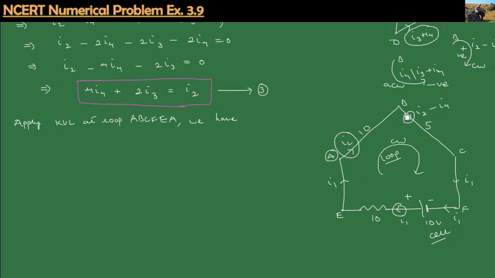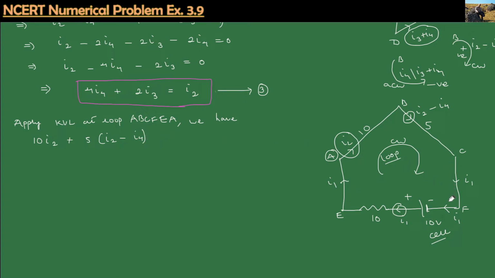So with respect to AB, if you write, it will be 10 into I2. I2 is positive. Why? Clockwise. Next, potential drop on branch BC. This current is positive, so you will write plus 5 bracket I2 minus I4.